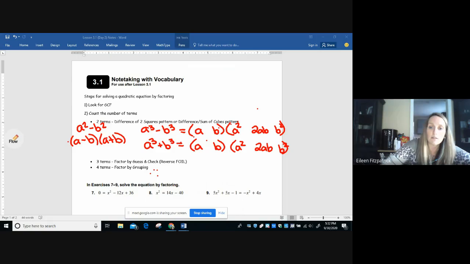And we use a mnemonic device called SOAP to help us figure out which signs go where.